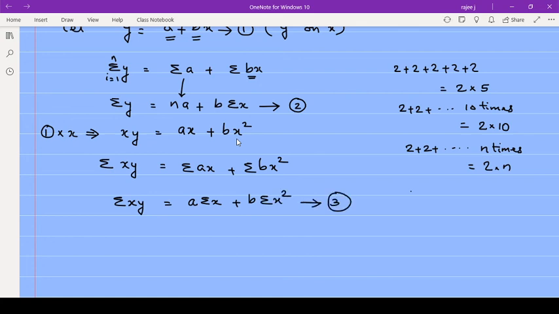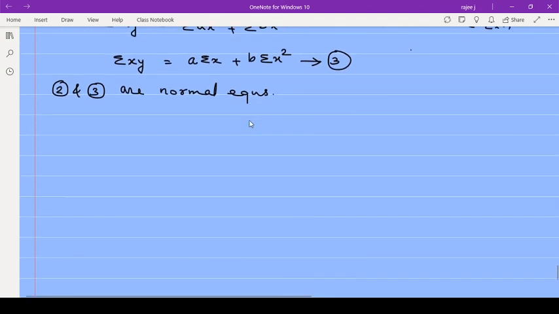So we got 2 equations. Okay. Now these 2 and 3 are called normal equations. Equation 2 and 3 are called normal equations. So when you have problems to solve, suppose your question is, fit a straight line of y on x, or fit a regression line of y on x.